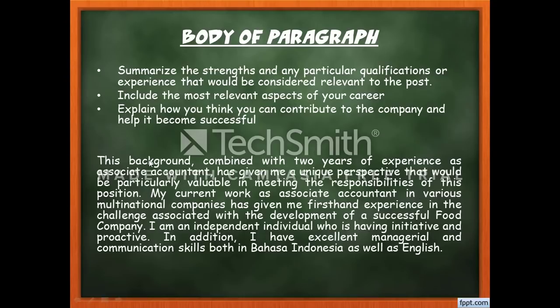Here I want to show the employer that my education background and my working experience will be valuable for me to meet the responsibilities of the position. And then the second sentence: my current work as associate accountant in various multinational companies has given me first-hand experience in the challenges associated with the development of a successful food company.